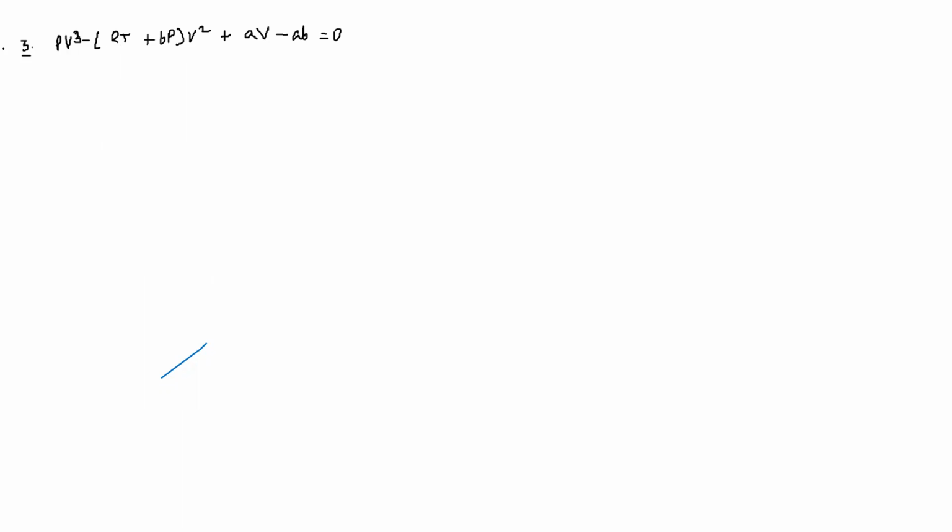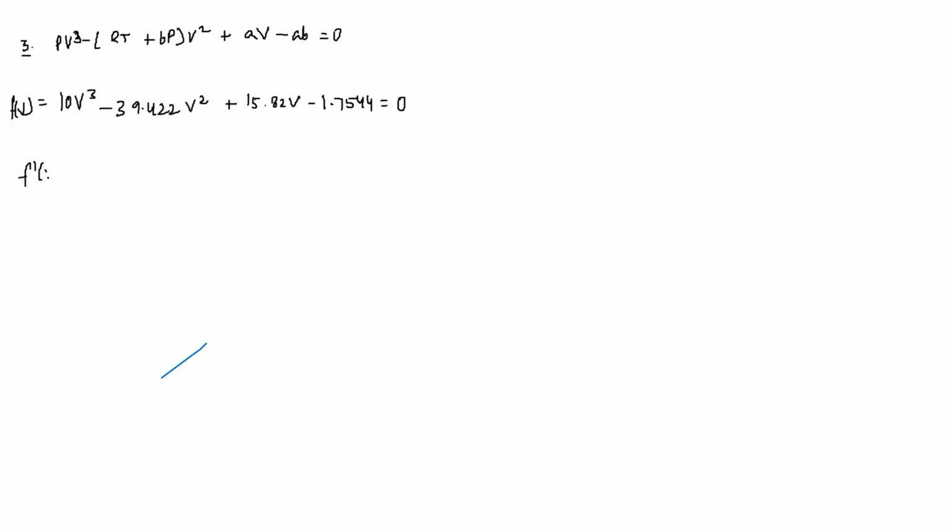So the cubic equation that we get is 10V cube minus 39.422V square plus 15.82V minus 1.7544 is equal to 0. So this is your f of v, all right?